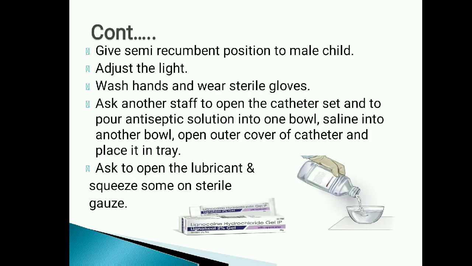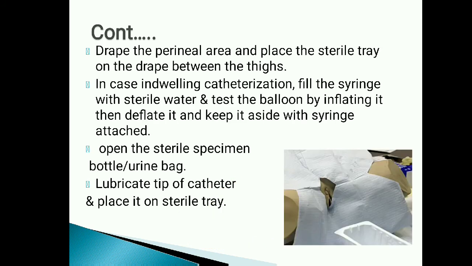Ask to open the lubricant, squeeze and discard the first drop, and after that, squeeze some on the sterile gauze in the tray. The lubricant used generally is lignocaine. Next, drape the perineal area and place the sterile tray between the child's thighs to create a sterile field.